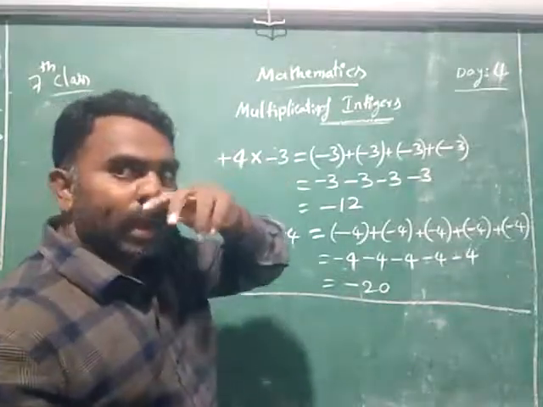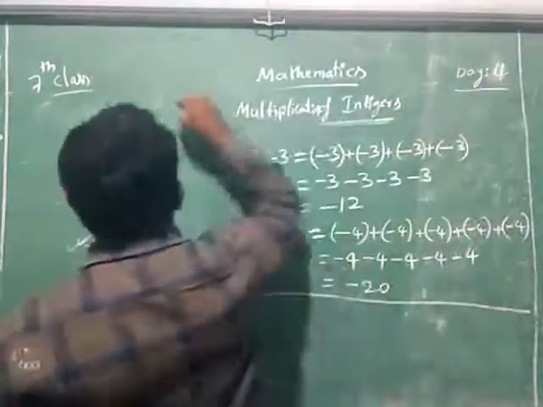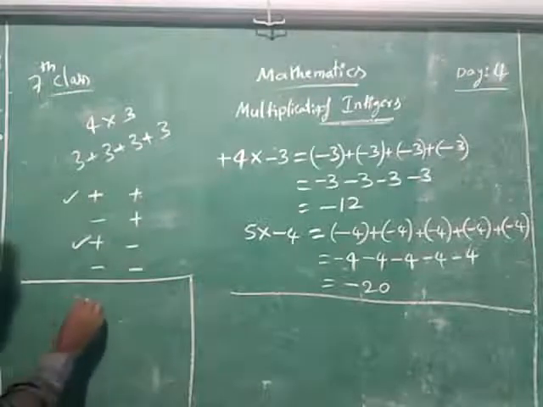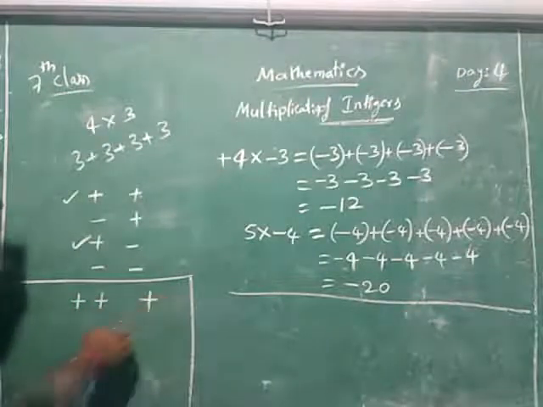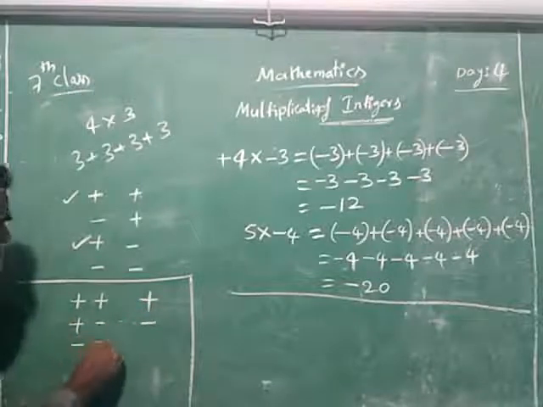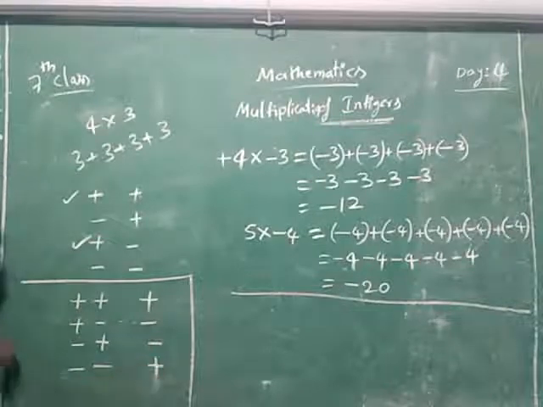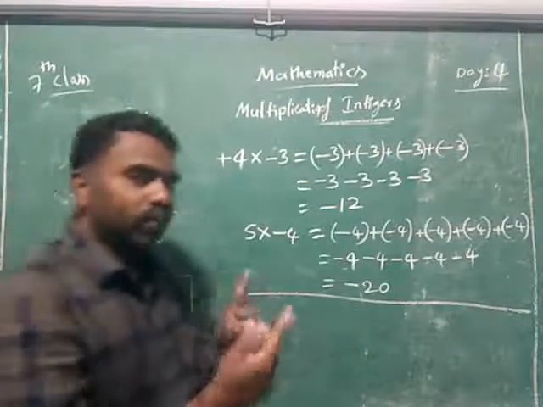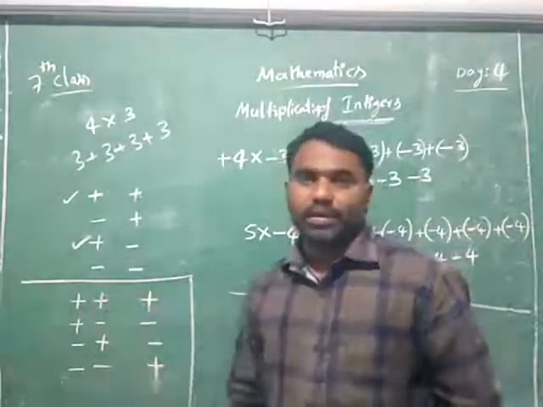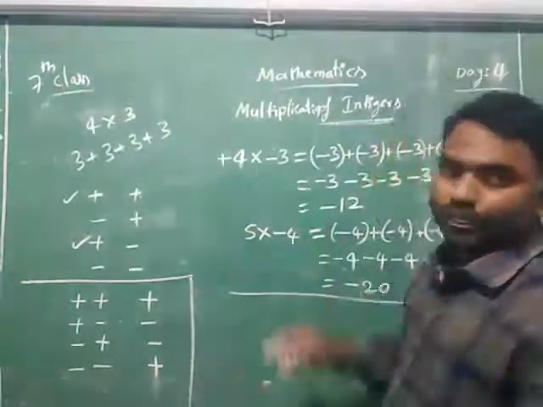Yesterday I told you, when two symbols are there, plus and plus will become plus, plus and minus will become minus, minus and plus will become minus, minus and minus will become plus. When two symbols are together side by side, then we get a single symbol. I think you remember. In that way you can use this.